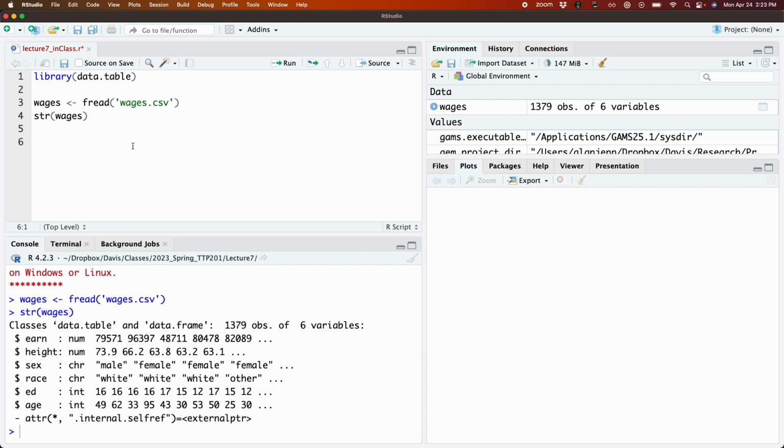Actually, we're going to start by thinking about our categorical variables first, because I want to spend a little bit more time there.